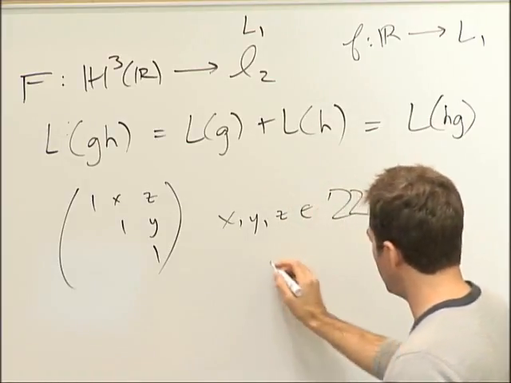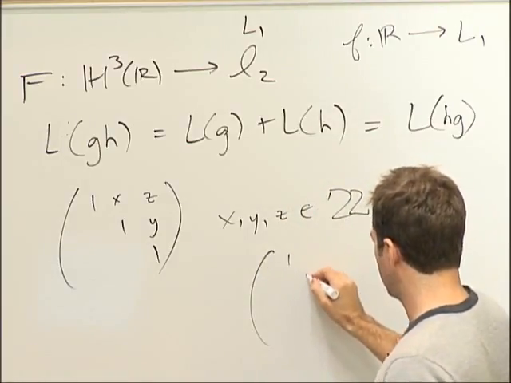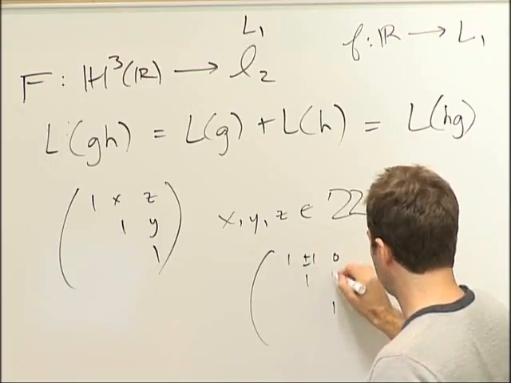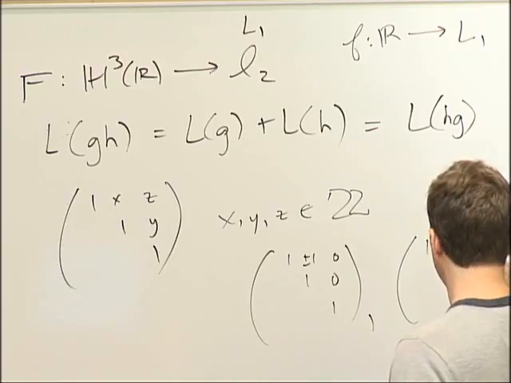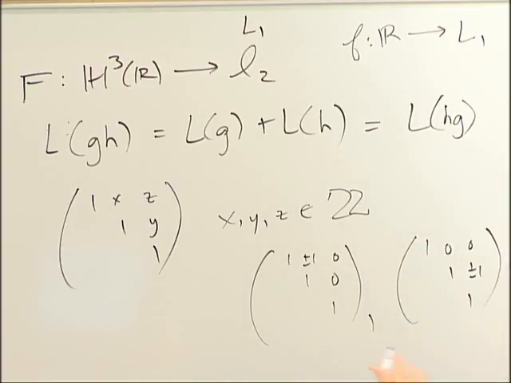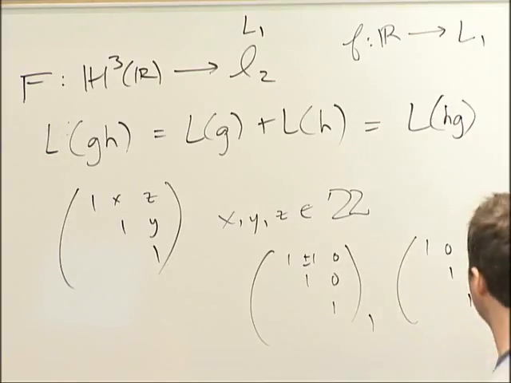The generating set is plus minus 1, these things, and also these things. So this is a Cayley graph. Just take the shortest path metric on this Cayley graph with these generators.